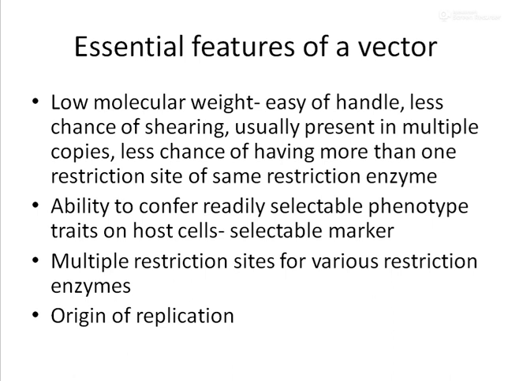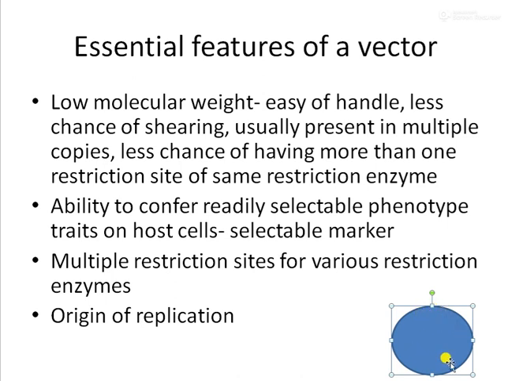It should be present in multiple copies, and it should have little chance of having more than one restriction site of the same restriction enzyme. That is, if you consider EcoRI is a restriction enzyme, and you have a vector, consider this is a vector here.